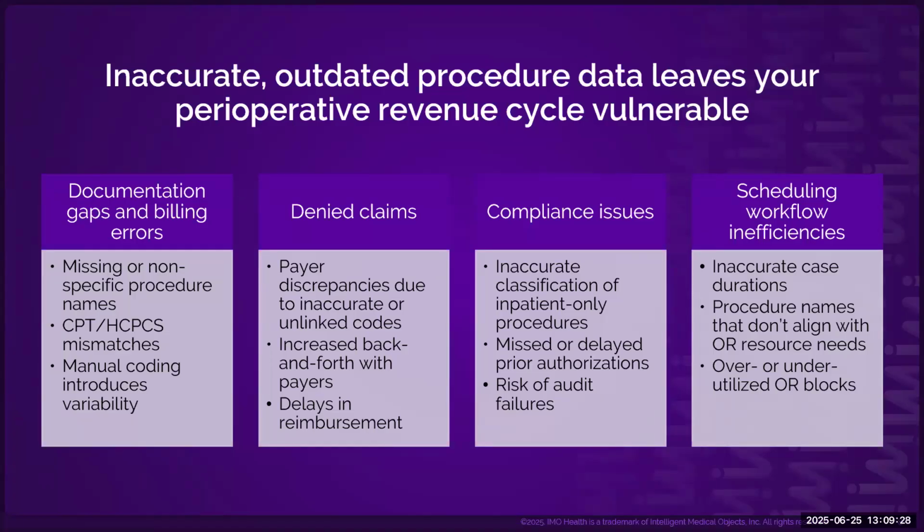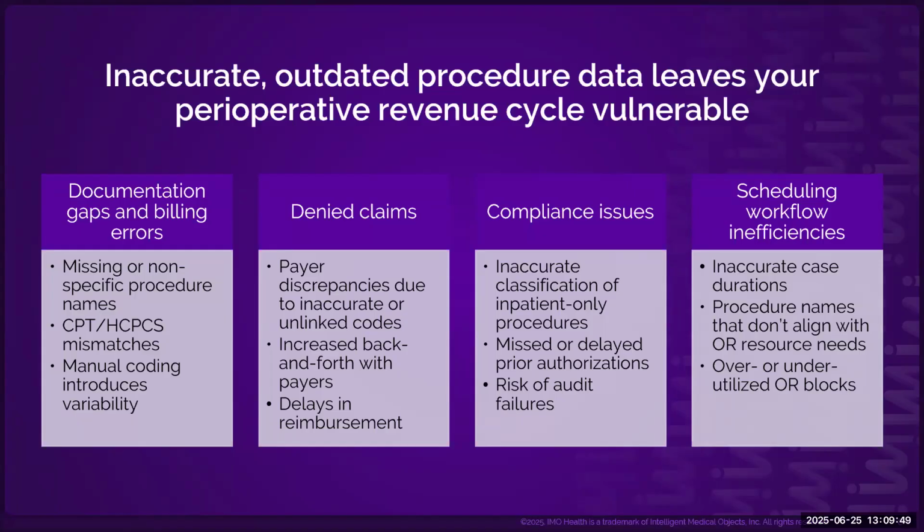Example of unbundling: if a patient undergoes a laparoscopic cholecystectomy, the primary code for the surgery, CPT code 47562, often includes components like exploration and basic dissection. Separately coding these component services would be considered unbundling and could lead to claim denials.